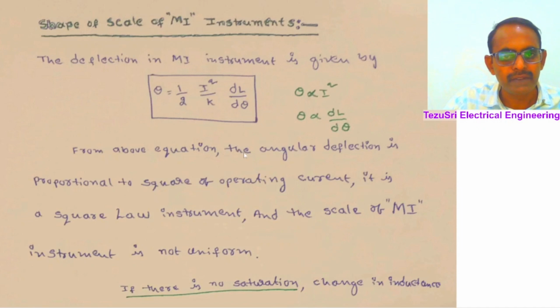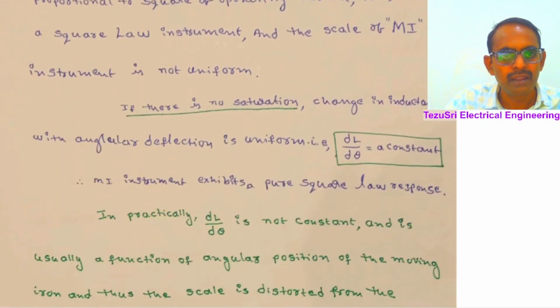From the above equation, the angular deflection is proportional to the square of the operating current, so it is a square law instrument, and the scale of the moving iron instrument is not uniform. If there is no saturation, the change in inductance with angular deflection is uniform.